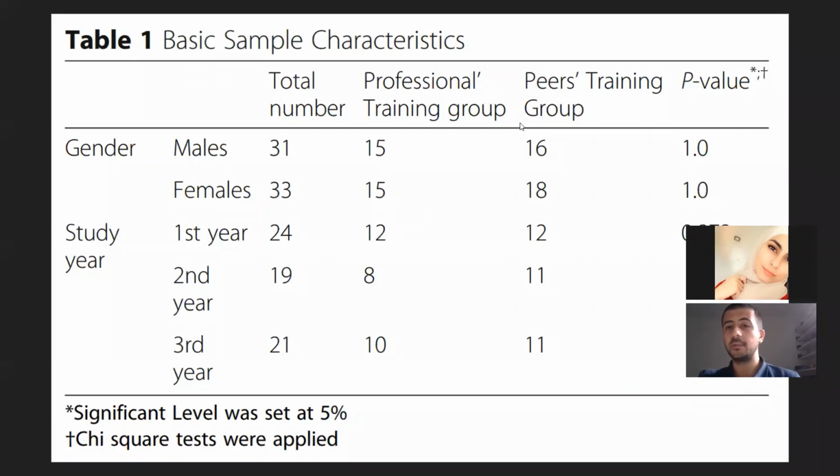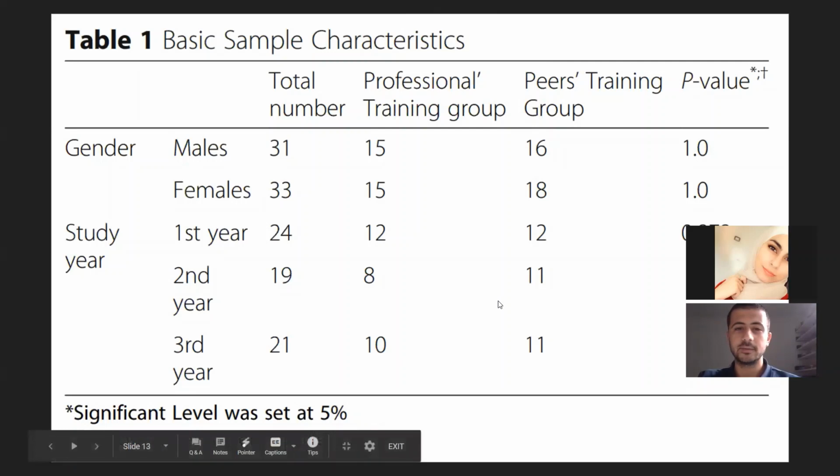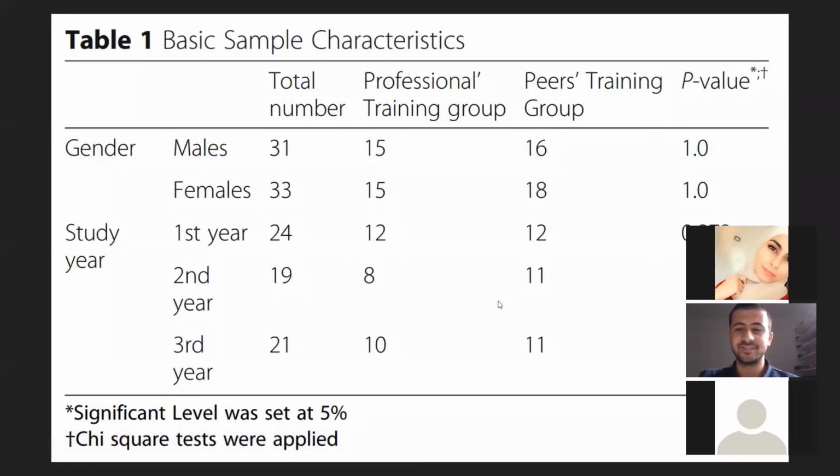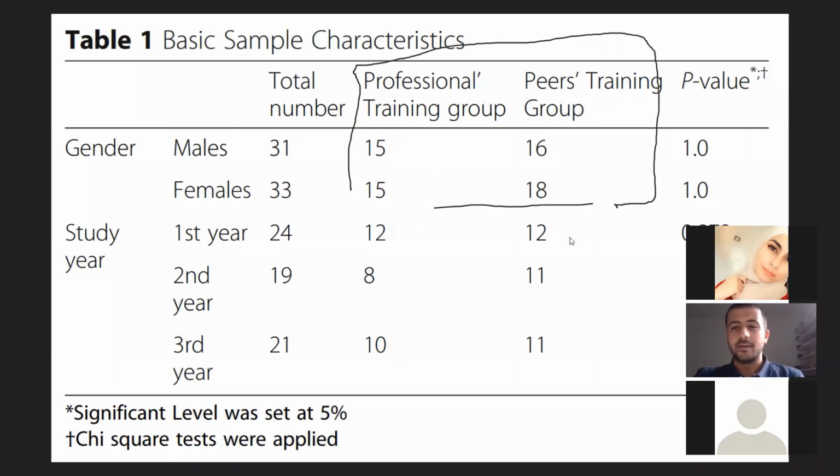Can anybody tell me where the 2 by 2 table is? Hopefully the one who was putting a line on my screen can put a line now. Can you repeat the question? I need the 2 by 2 table. Where is the 2 by 2 table?